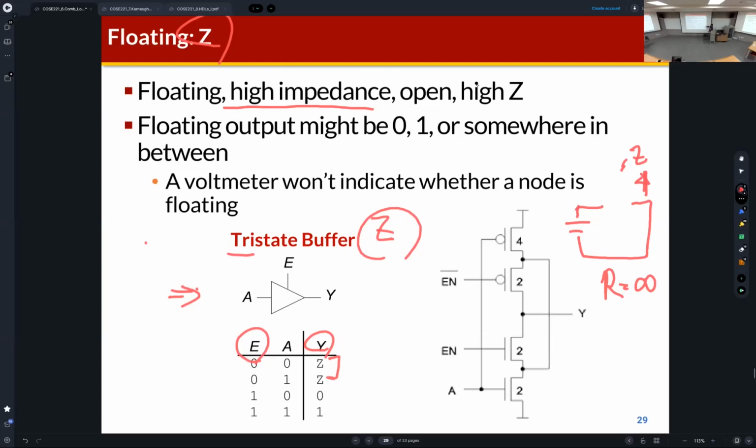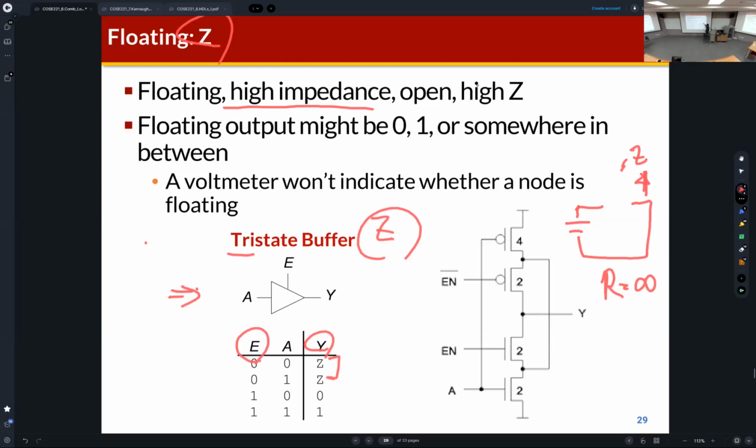Now we can implement this tri-state buffer like this. As you can see, the enable bar is connected to the PMOS transistor here, and the enable is connected to this NMOS transistor. If the enable signal is 0, then the NMOS transistor is disabled, and the PMOS transistor is also disabled because this is the enable bar.